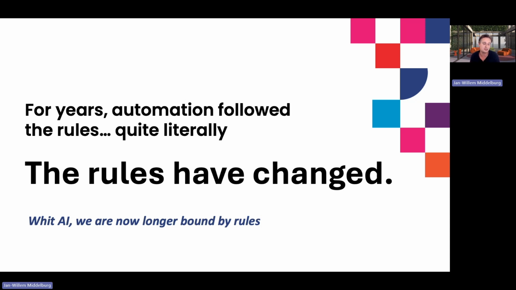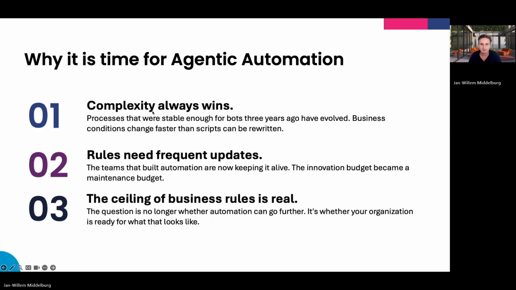And if you push past that, it literally means that you will get errors and that there will be different issues with your robots going on. With AI, that is no longer the case, and that completely changes the way in which robots and workflows can be developed, but also the number of use cases for which these solutions can actually be utilized. And that is what makes it very, very interesting.